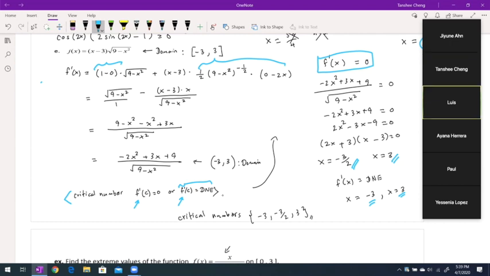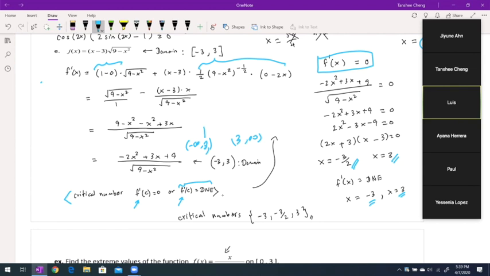Yeah. So after we take the derivatives, we can see that the derivative does not exist on anything that is lower than negative 3 or greater than 3, so negative infinity to negative 3 or 3 to positive infinity. Right. Follow?